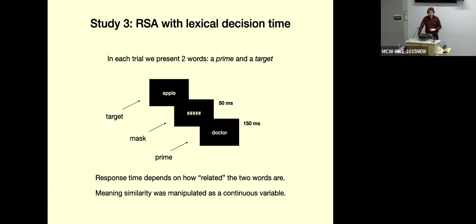But it turns out that, and this has been known for many decades, it's a phenomenon called semantic priming. The more similar in meaning the prime word is to the target word, the faster you are to respond to the target word. So your brain, it's like the prime word pre-activates the meaning of all the words that are semantically related to it, and that makes you faster at identifying that word when you see it later.